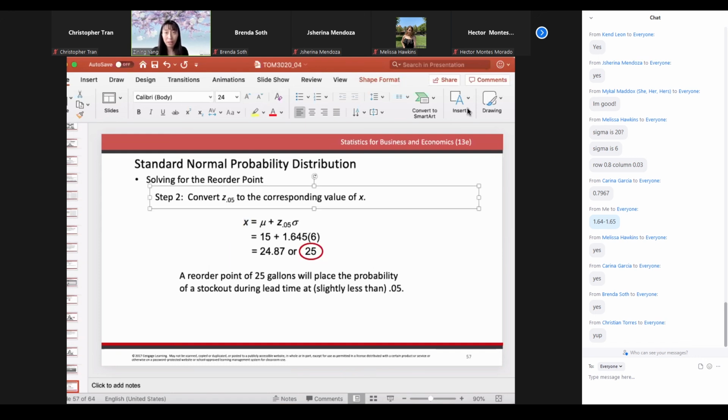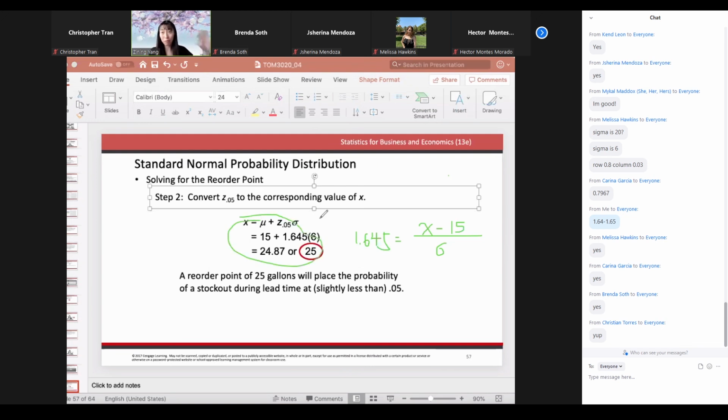The simple equation we're solving is z equals 1.645, z equals x minus mu, meaning x minus 15, divided by sigma, which is 6. In this equation, only x is unknown. So we can just solve the equation by doing this.